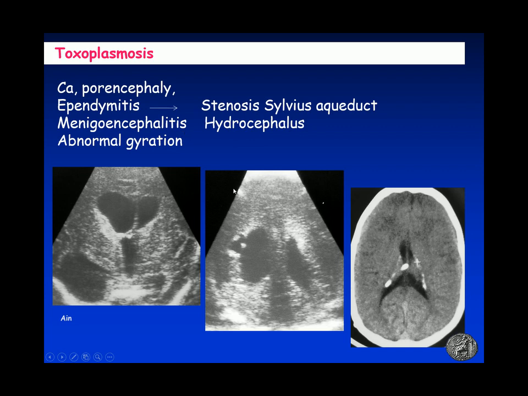And also you may see abnormal gyration pattern because toxo may interfere with neuronal migration. And here the case we've seen at the very beginning of this lecture, you see these calcifications around the lateral ventricles, and this is a drain, this is a valve, because the baby was suffering from hydrocephalus.